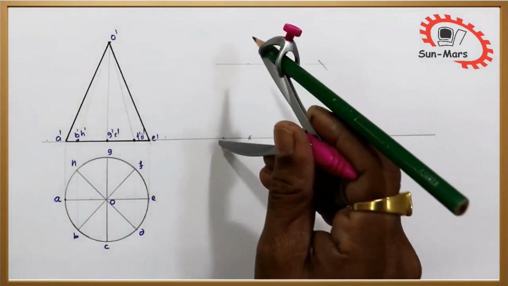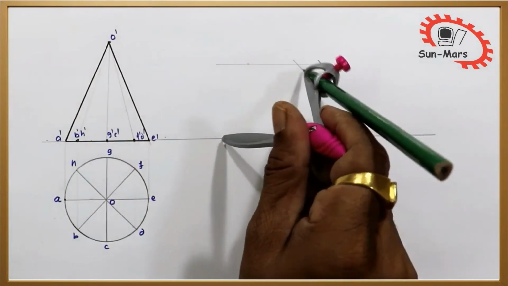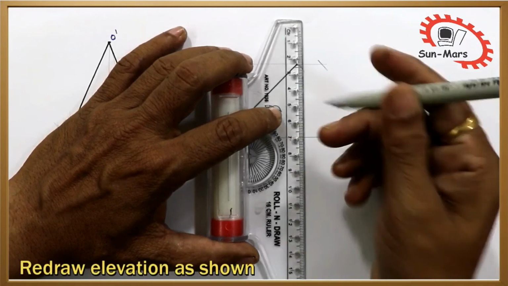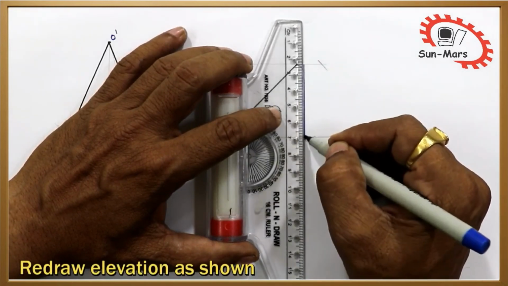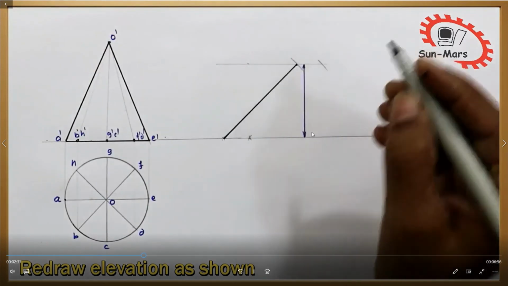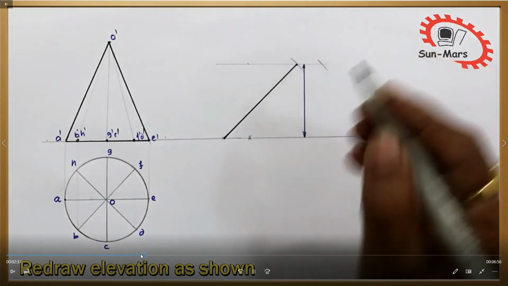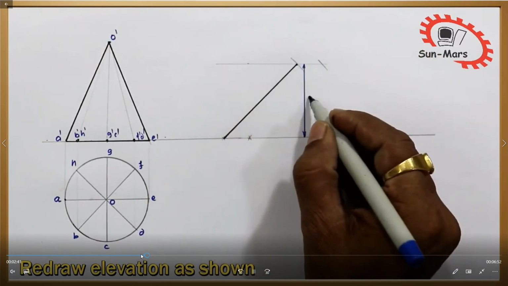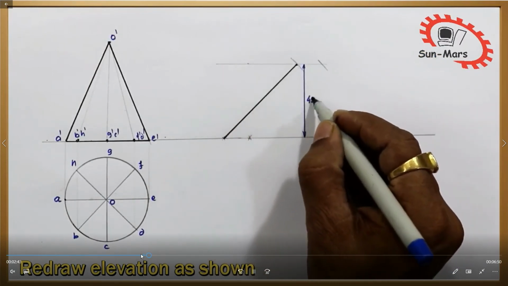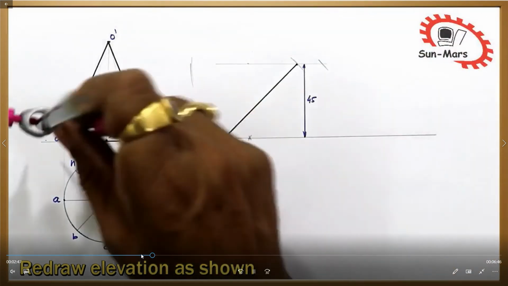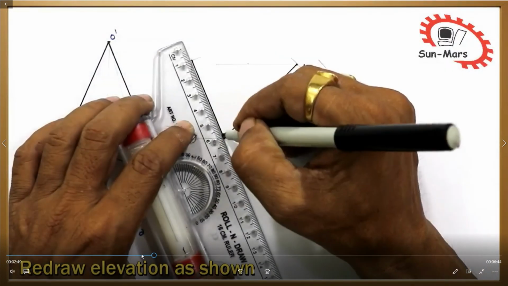That's why we draw one horizontal line and then E to O dash, you identify the distance with the help of the compass. In this way, that is the above HP 45 mm, that is a 45 mm apex distance above HP, and then you draw the arcs here in this way.